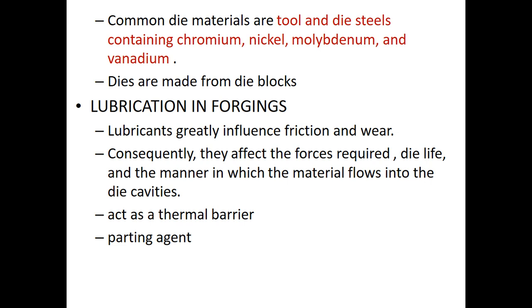I told you usually the tool and die steels containing chromium, nickel, molybdenum, and vanadium are commonly used as die material. How does the percentage of chromium, nickel, molybdenum, and vanadium affect the die? For example, generally the chromium is added from 0.5 to 4 percentage.